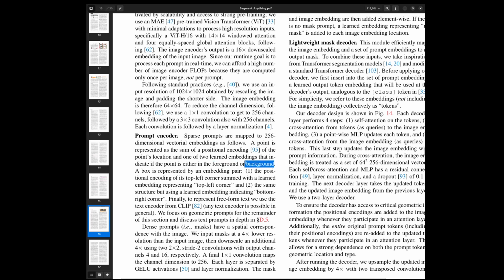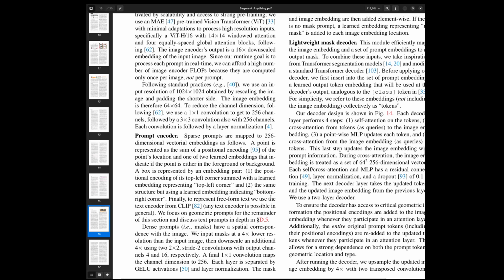So probably they have a special token or a position in the output in which they map the background. If I remember correctly, in MaskFormer, when you do the matching between the predicted mask and the ground truth, everything that is not matched is mapped to background.